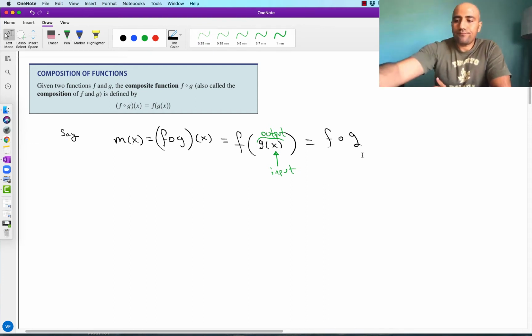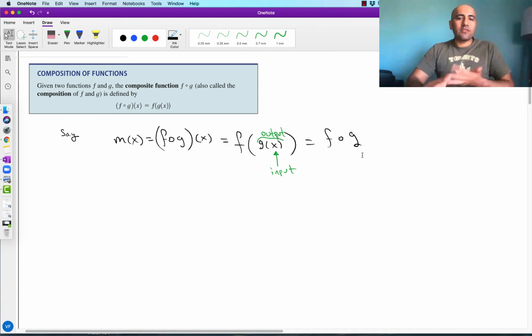Okay. Let's think about the domain then. The domain starts off definitely in the g function, right? It needs to be an x value that's in the domain of g. Then it outputs something, and that output has to be in the domain of f, and then that ultimately leads to our final results. Here's a nice little graph to depict that.